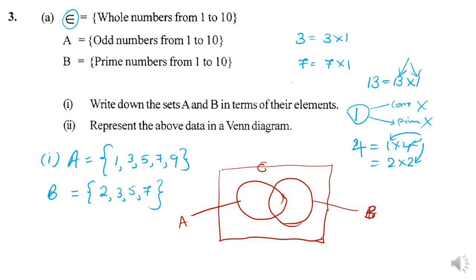Therefore we know 3 is present in both, so we put 3 here, and 5 is also present in both, so we take 5 here, and 7 also, and we write 7 here, and only these 3 are in this intersect, right?